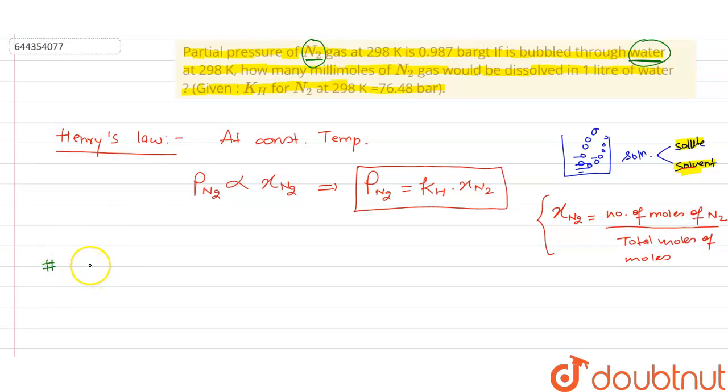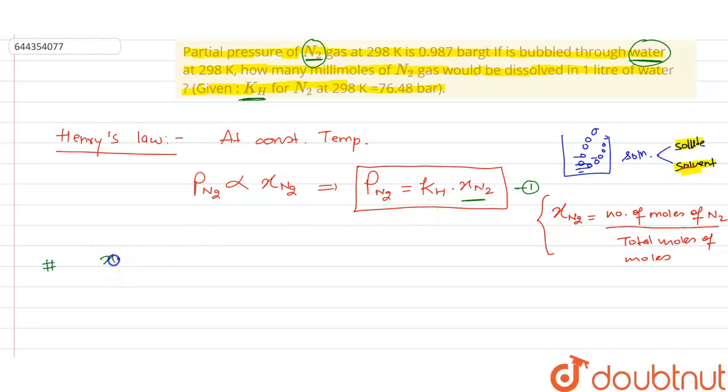Here if we put the value of partial pressure of N2 and the value of Kh in equation 1, then we can easily find the mole fraction of N2.